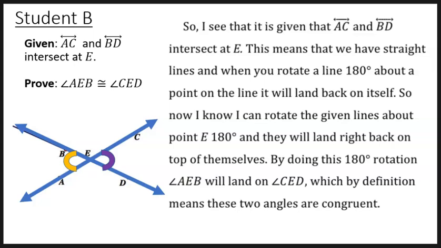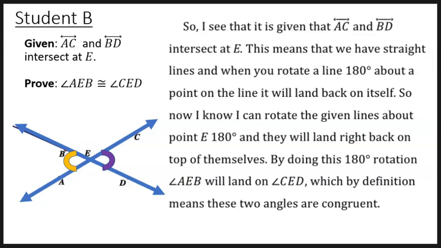Student B approached this problem differently. Not only did they write a paragraph proof, but they used definitions of rotation. They remembered that rotations are rigid motion transformations, and that if you rotate a figure so that it coincides with another, that means the figures are congruent. Their work supports a logical progression throughout the proof.